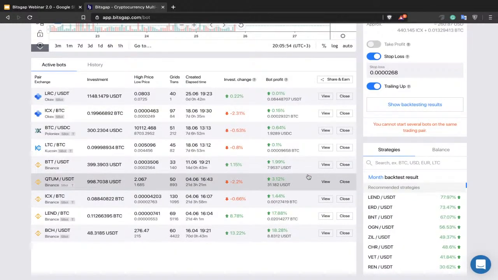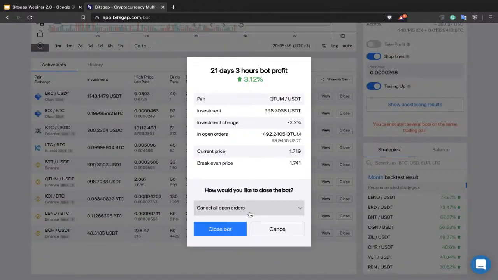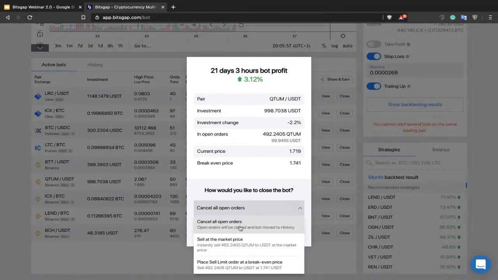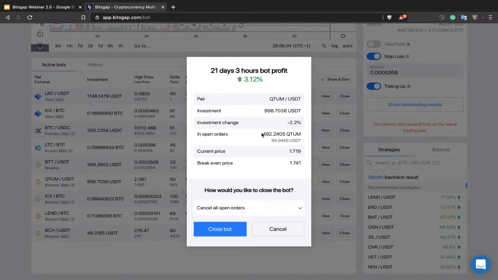Other options include cancel all open orders. That means the bot will be closed and moved to history, but the quantum, which is now here in the open orders, will go to your balance. Same with the USDT which is left in this bot.